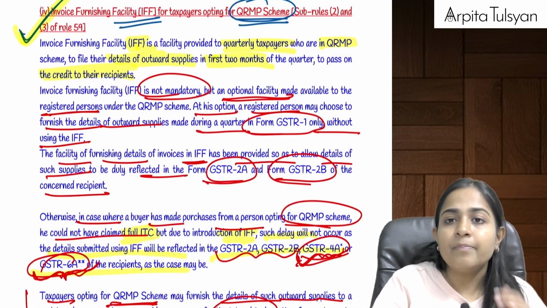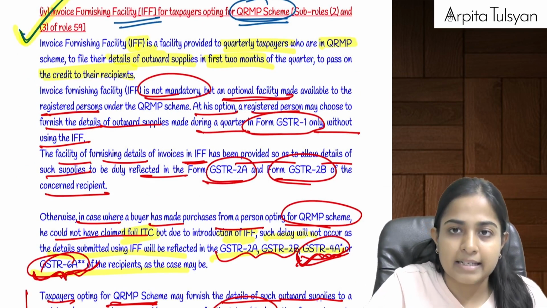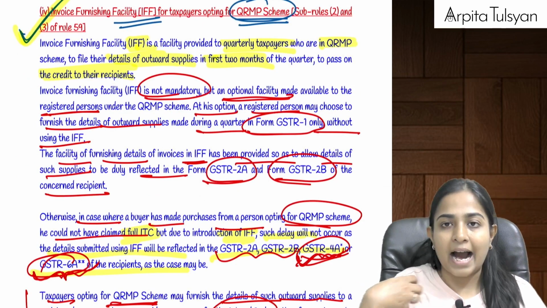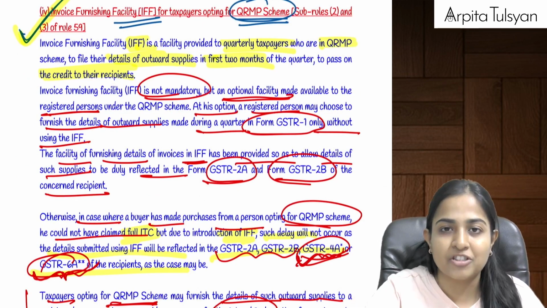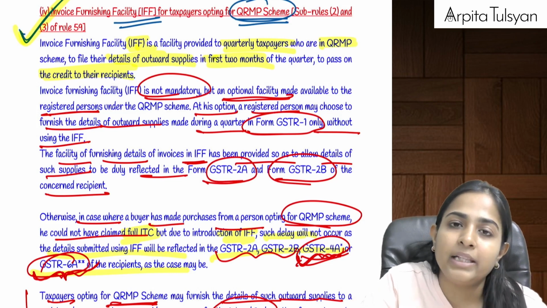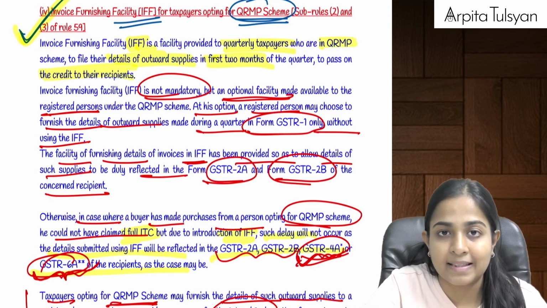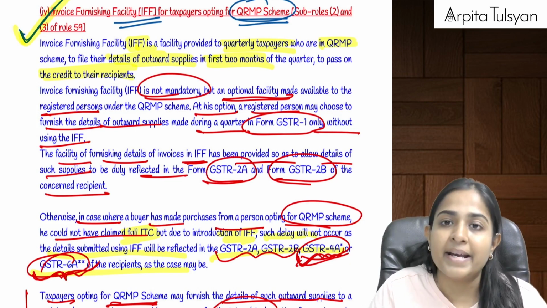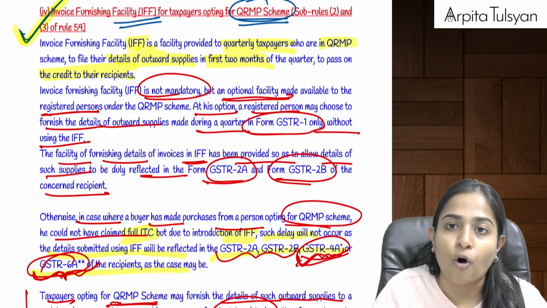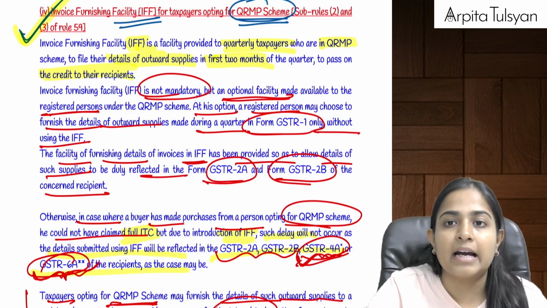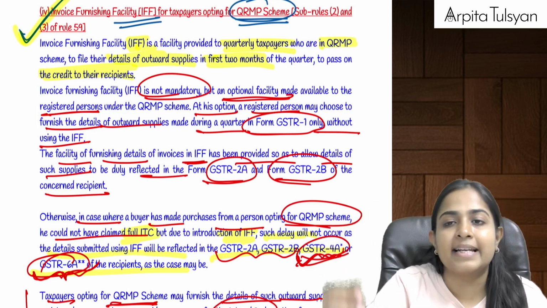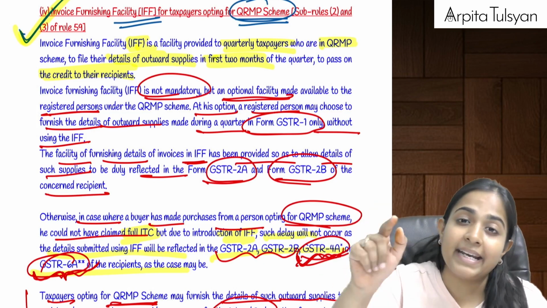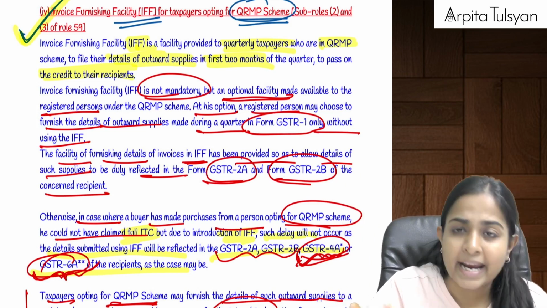Right, now listen, what is the purpose of filing this GSTR1? Once I as a supplier file this GSTR1, I will put all the details about my outward supplies in that GSTR1, and on the basis of this GSTR1, the input tax credit is received by the recipient in its GSTR 2A and 2B.